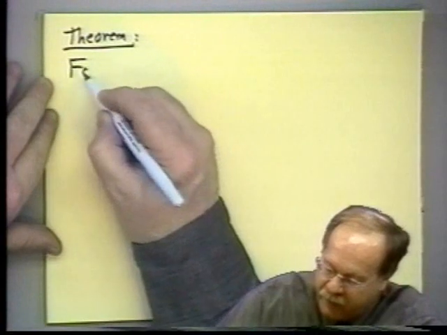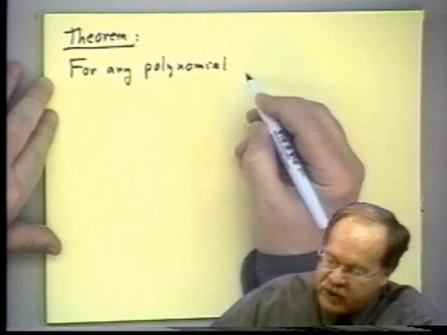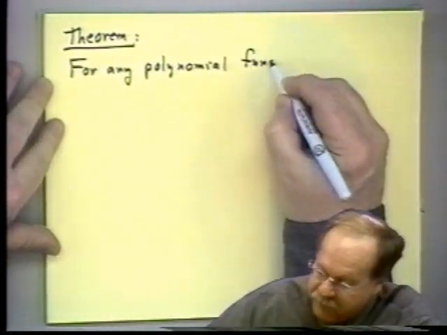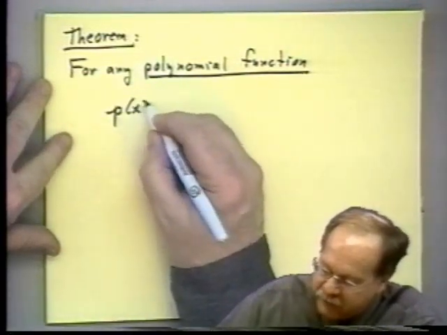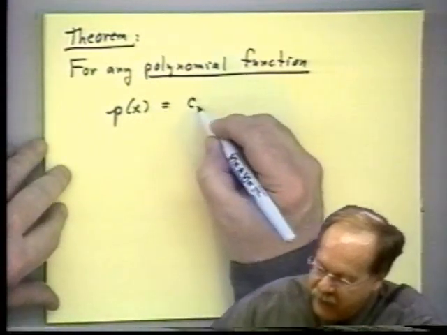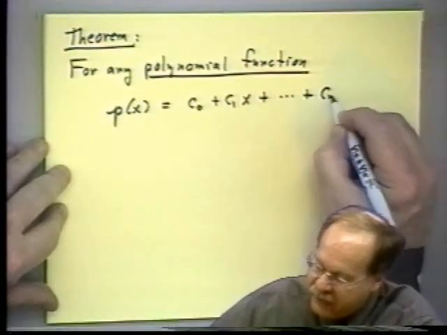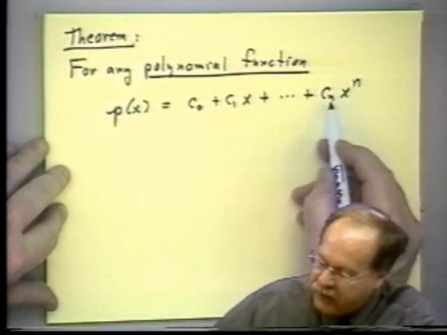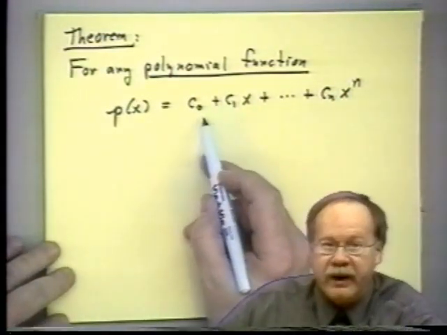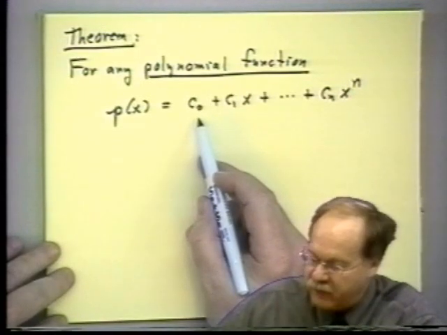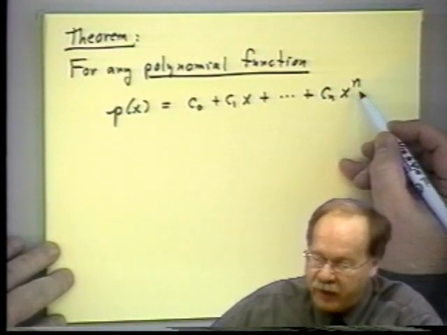Theorem. For any polynomial, and actually we should say for any polynomial function, that's more correct. So for any polynomial function, and you can write it out, say, call it the function p of x, p for polynomial, has the following form: c0 plus c1x plus dot dot dot up to cn x to the n, where the c0, c1, and cn, these are all constants, multiplied by powers of x, here multiplied by no x at all, or the x to the power 0 if you like, then the first power of x, all the way up to whatever the highest degree power is in this polynomial.